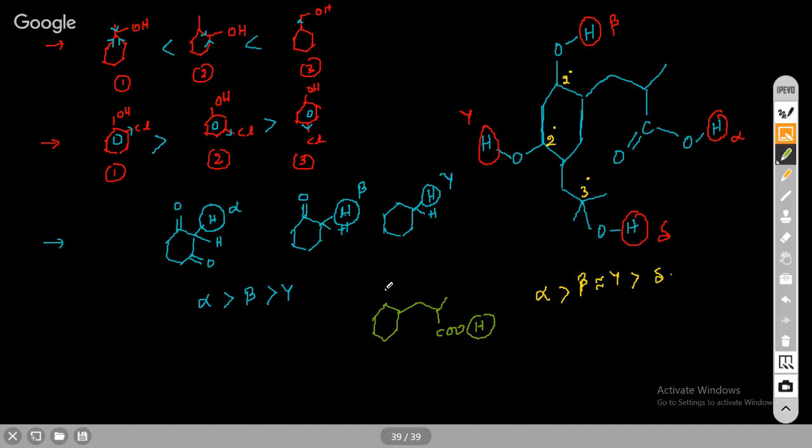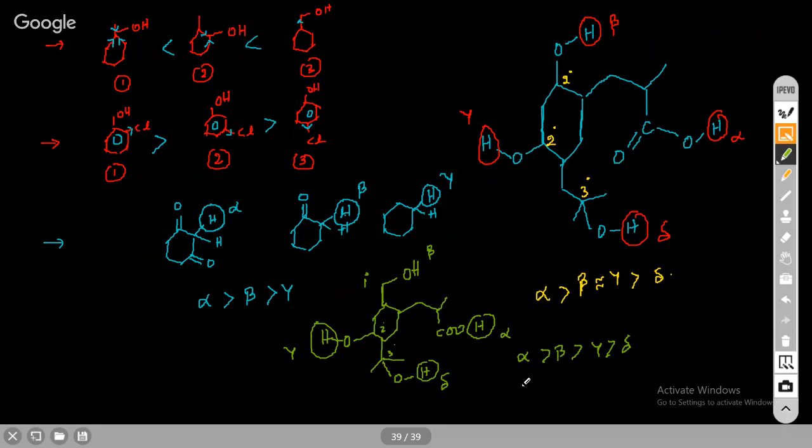It is alpha, and here suppose I write OH like this, here we have OH, and here H. This is delta, this is gamma, this is beta, and this is alpha. So here obviously the alpha is maximum. This is now 1 degree, this is 2 degree, and this is 3 degree. So now we can differentiate it easily. So alpha, then we have beta, then gamma, and then delta. This is the order.